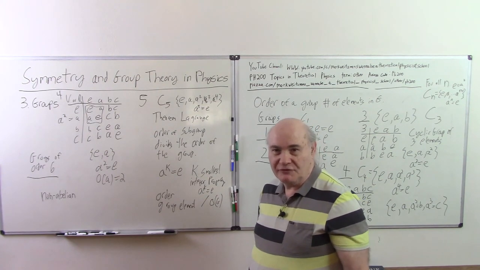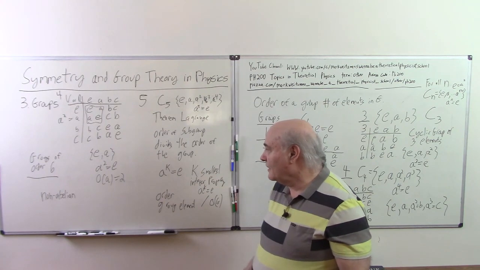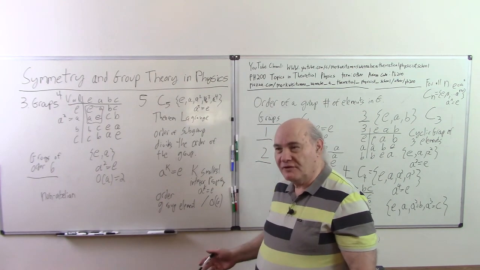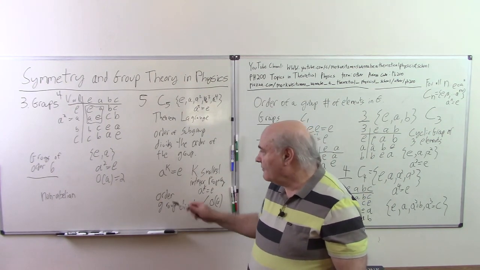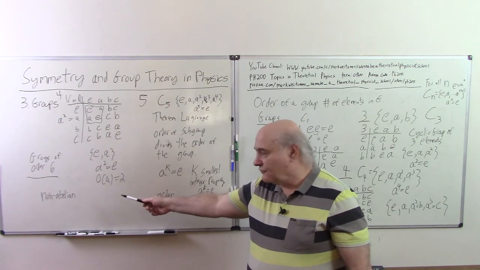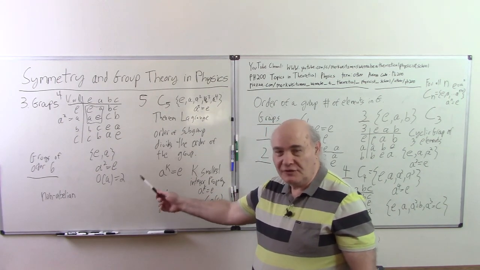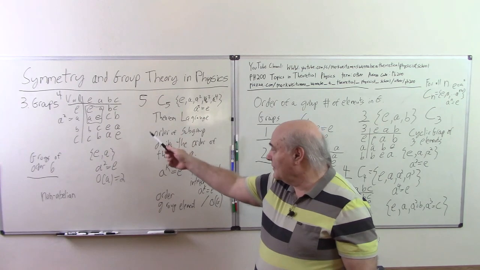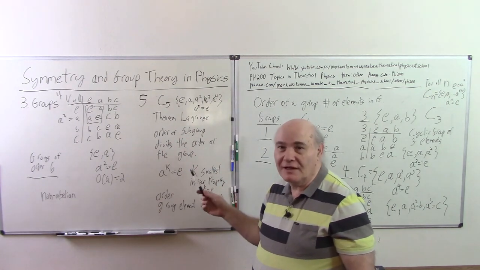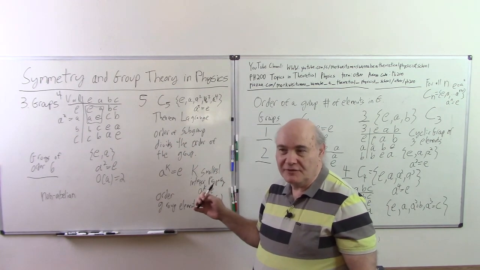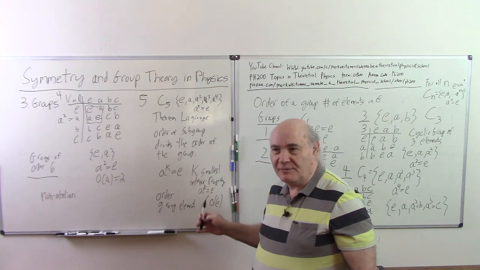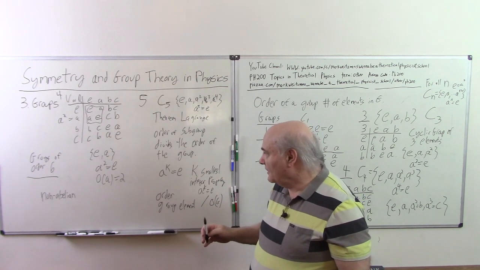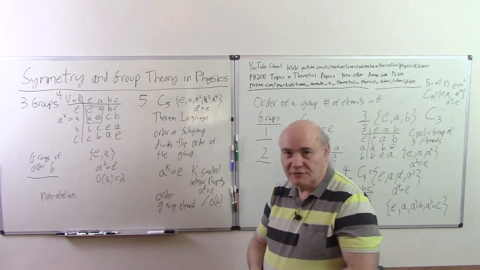Answer, matrices. So we'll get to group representations. We're going to represent groups which are non-abelian by matrices. We can also represent abelian groups by matrices as well, but it's less interesting since they commute. There are some interesting aspects of it which we'll do. But we really want to get to the non-abelian groups.